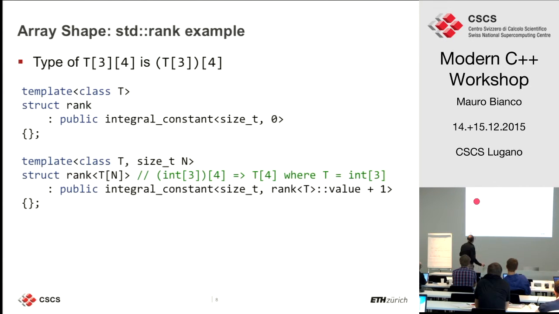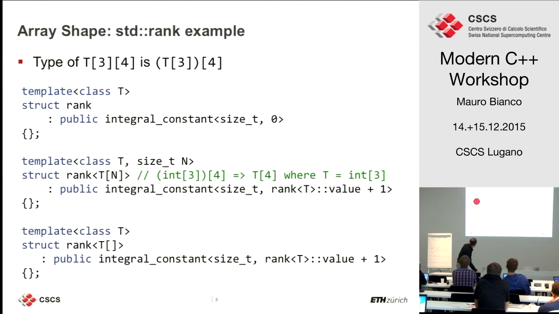If I pass a type which is T[n], the rank of this array is 1 plus the rank of T, whatever T is there. So T in that case will be int[3]. It will go again, adding 1 until it reaches the last element, where we get 0. Is it clear how this works?